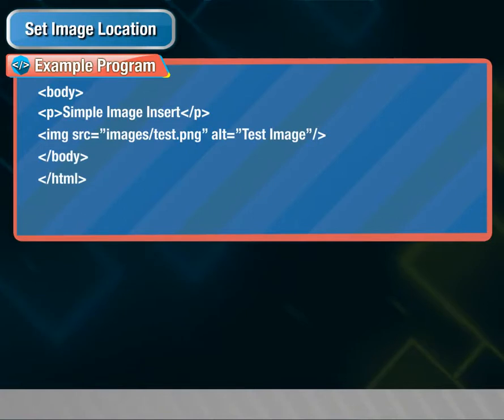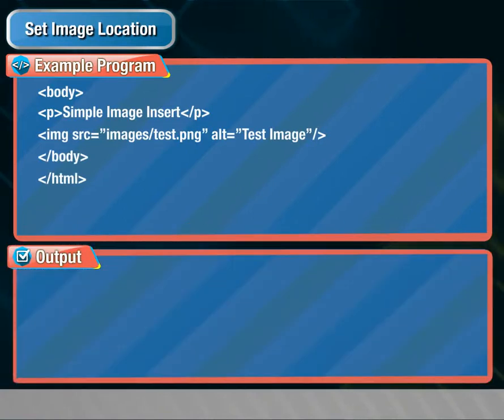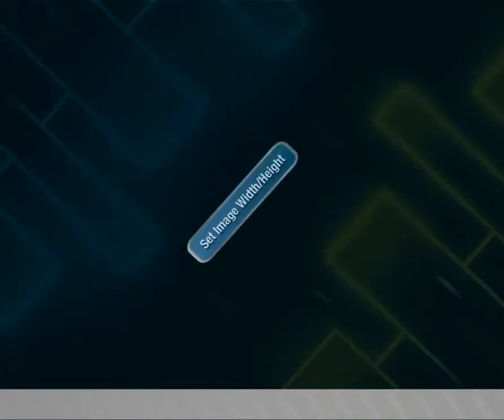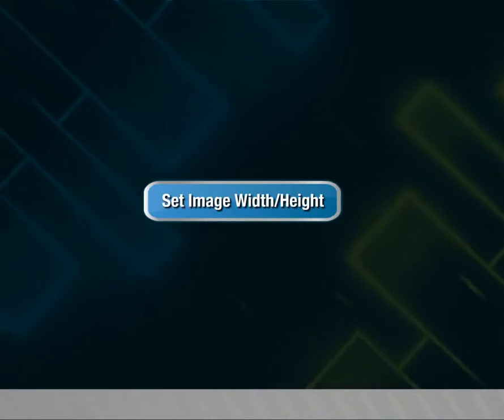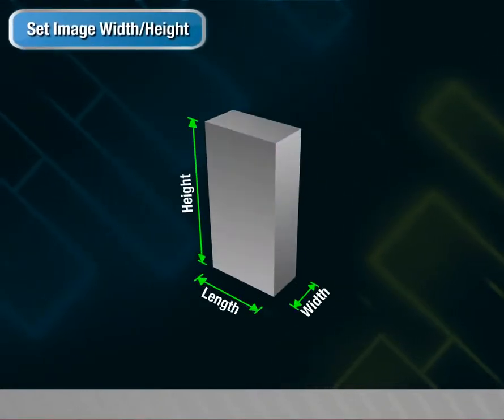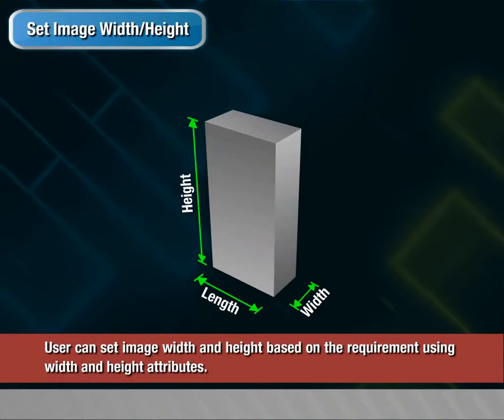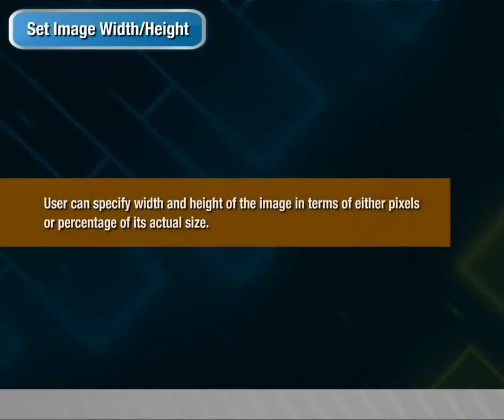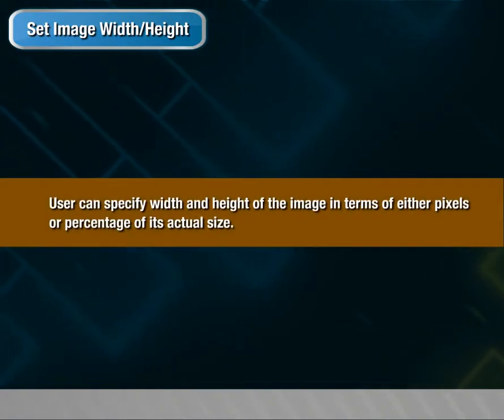The output of this program is shown on screen. Set image width and height. User can set image width and height based on the requirement using width and height attributes. User can specify width and height of the image in terms of either pixels or percentage of its actual size.